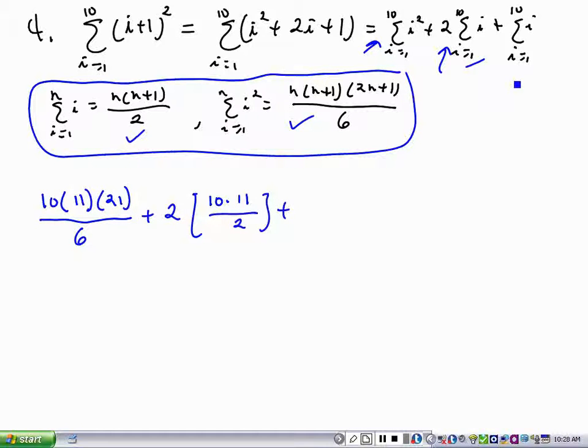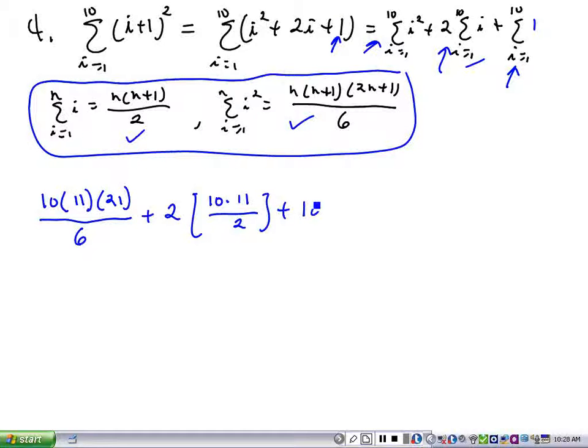Plus, look at this part, the summation of 1. We're adding up 1 ten times, it just gives you 10.